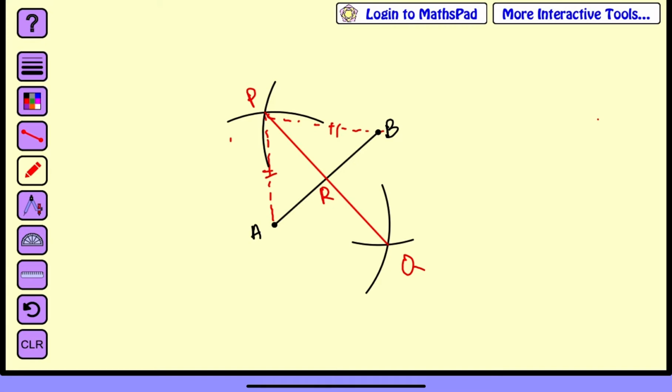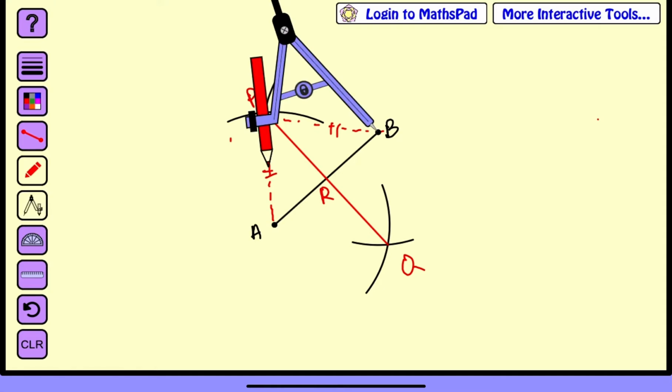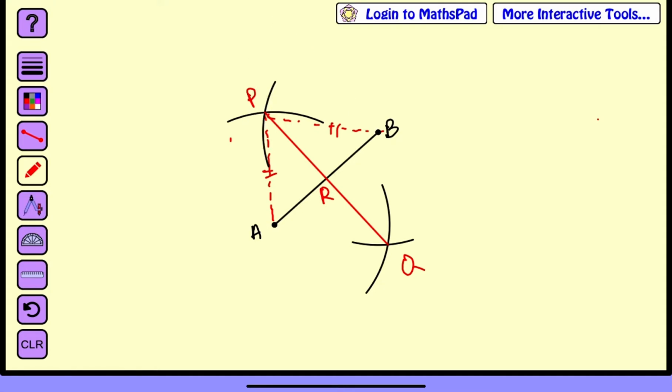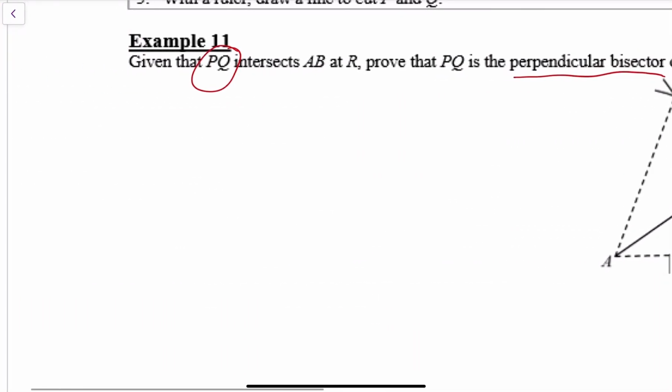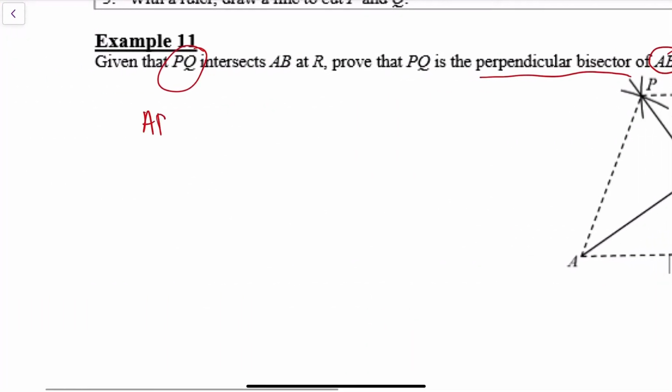Because they have the same radius. It's the same fixed length that I use the compass to move from one side to another to draw it. So therefore I can first prove that AP equals BP.